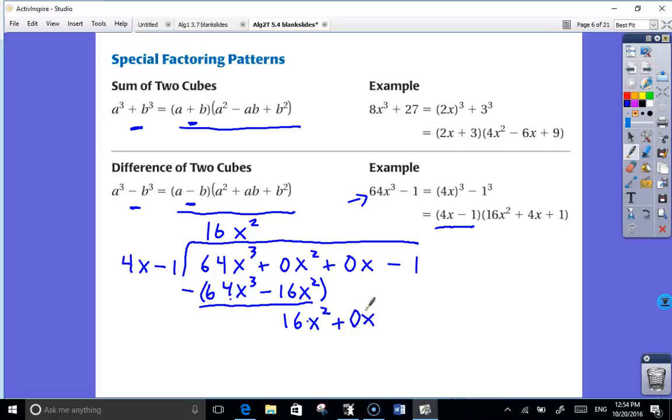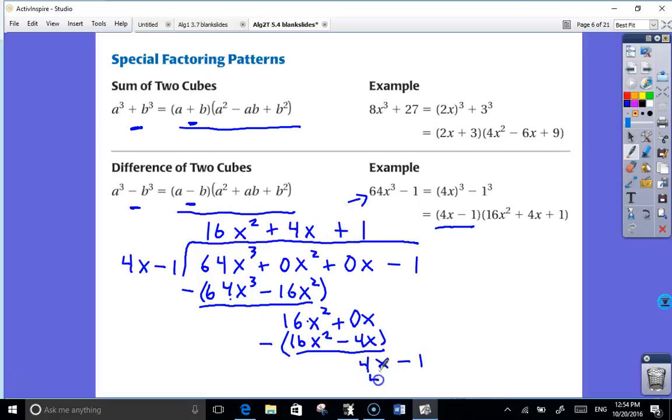Now what do I multiply times 4x to get 16x squared? 4x. So 4x times 4x is 16x squared. 4x times negative 1 is minus 4x. Subtract. 0 minus negative 4 is 4x. Bring down the 1. And then plus 1.